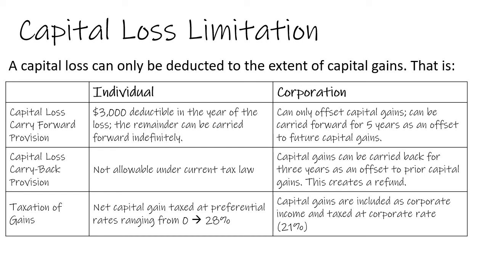Individuals don't have that opportunity. Capital gains for a corporation are included as corporate income and are taxed at the regular corporate rate of 21%. Individuals, as we talked about in Module 2, get a preferential rate for capital gains ranging from 0% to 28%.